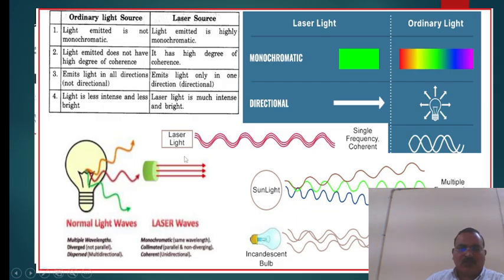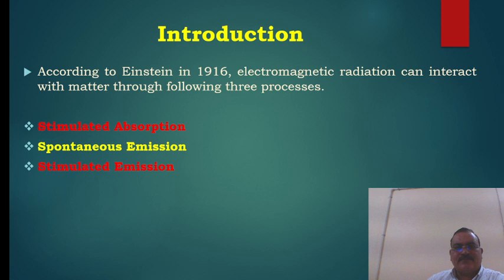Okay, so in laser light, we can check that all the light waves are in phase with each other. They superimpose, one wave on another, to make a resultant wave highly intense. So these are the basic differences between ordinary light source and the laser light source.